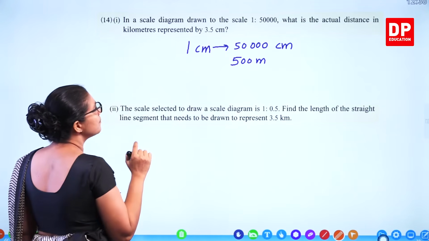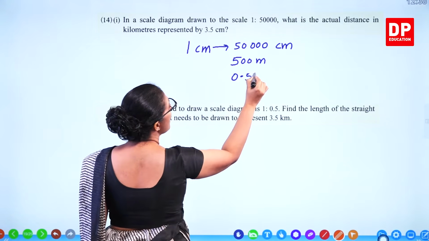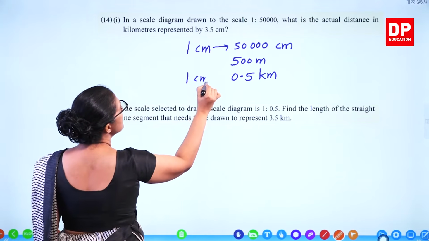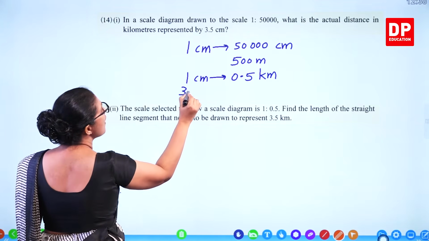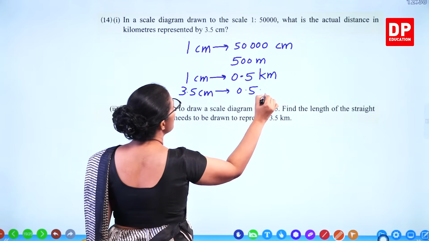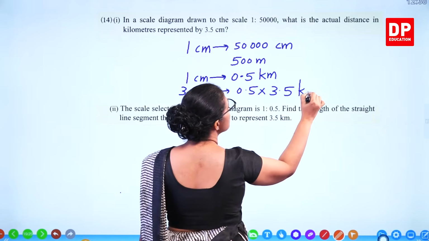And then divide by 1,000, 0.5 kilometers. That's 1 centimeter. So you need 3.5 centimeters. 0.5 multiplied by 3.5. That's in kilometers.